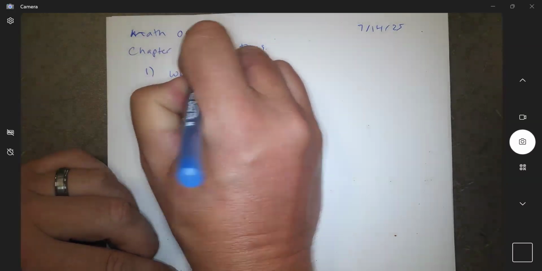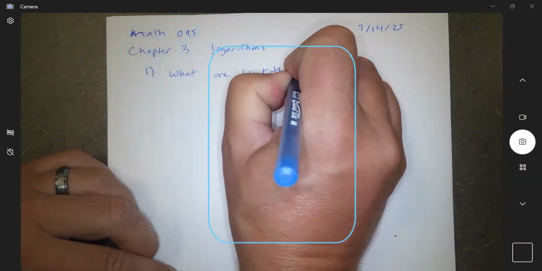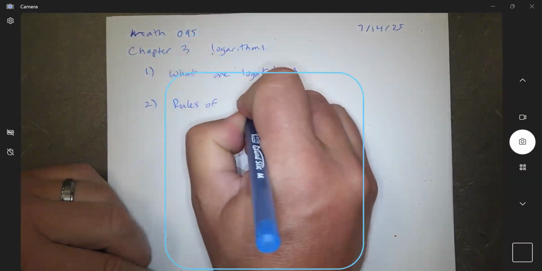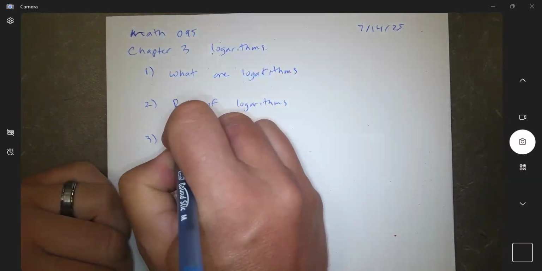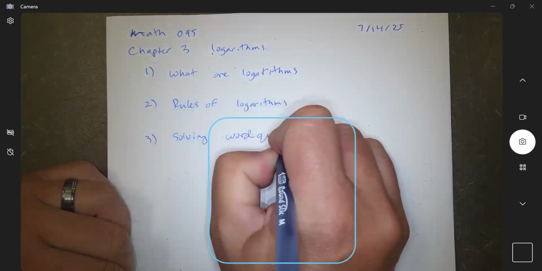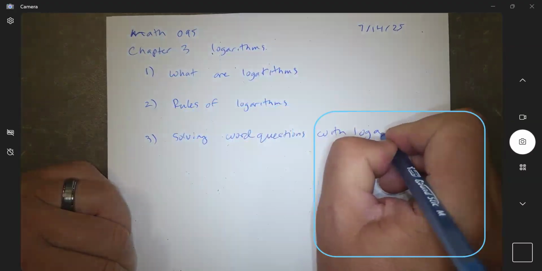One is what are logarithms? Two are rules of logarithms. And the third is solving word questions with logarithms.